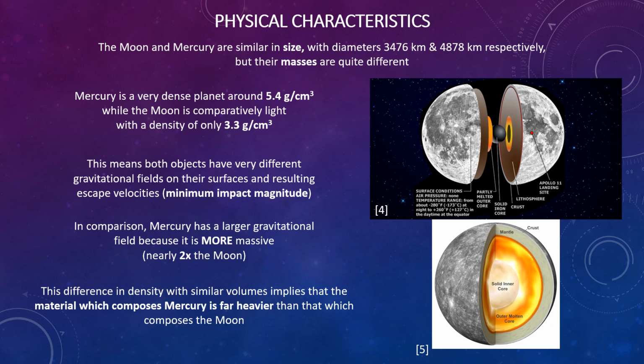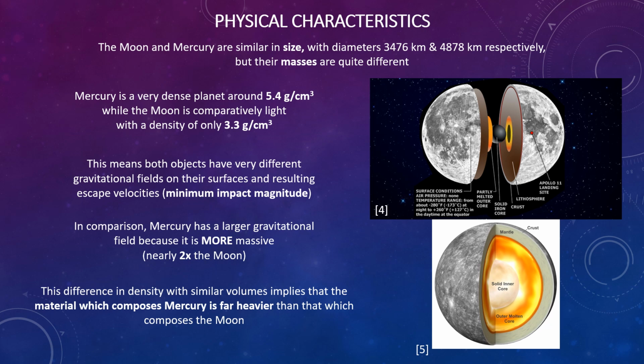So let's go over the physical characteristics of the Moon and Mercury. They're similar in size with comparative diameters, with the Moon having a diameter of 3,476 kilometers and Mercury having a diameter of 4,878 kilometers. They, however, have very different masses.